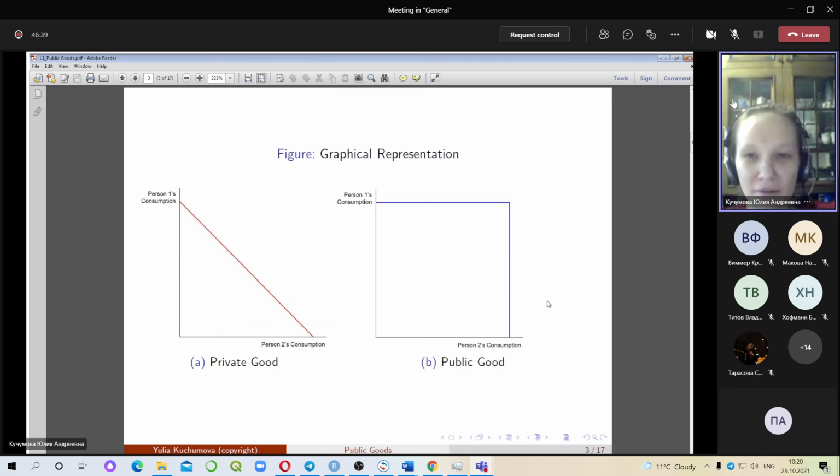So here's a graphical representation of the private good and public good, right? We're all familiar with the budget line for the private good, and if we try to draw something similar for the public good, it would look like figure P, right?